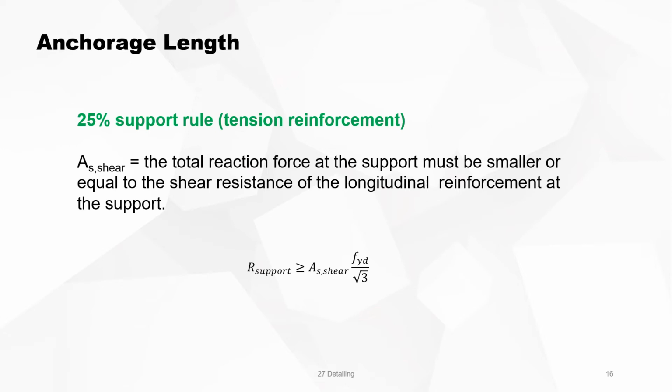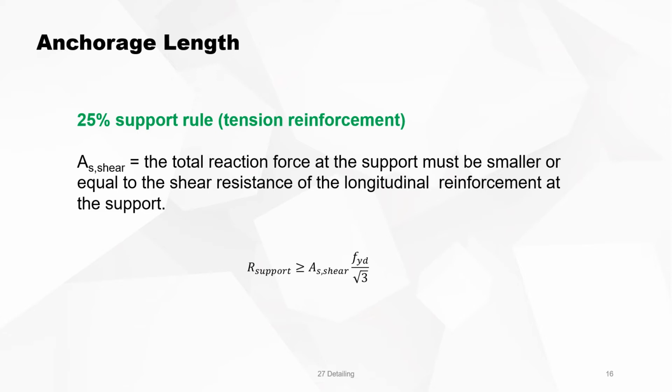Another rule at the support is that the total reaction force at the support must be smaller or equal to the shear resistance of the longitudinal reinforcement at the support. It means that the rebars must take the support reaction only by shear resistance. So now we are sure that the beam is not coming down.